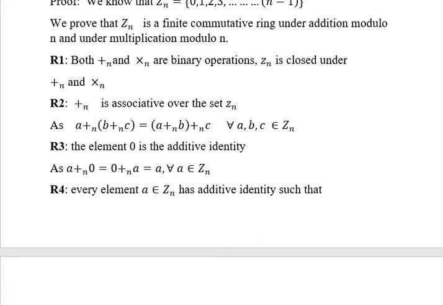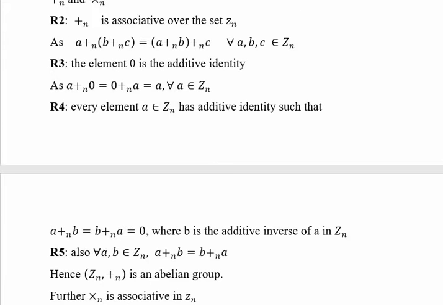The additive inverse of any element a is the element which when added to a, we get the identity element. So the property is a plus b equals b plus a equals 0. That means we say that both a and b are inverses to each other.